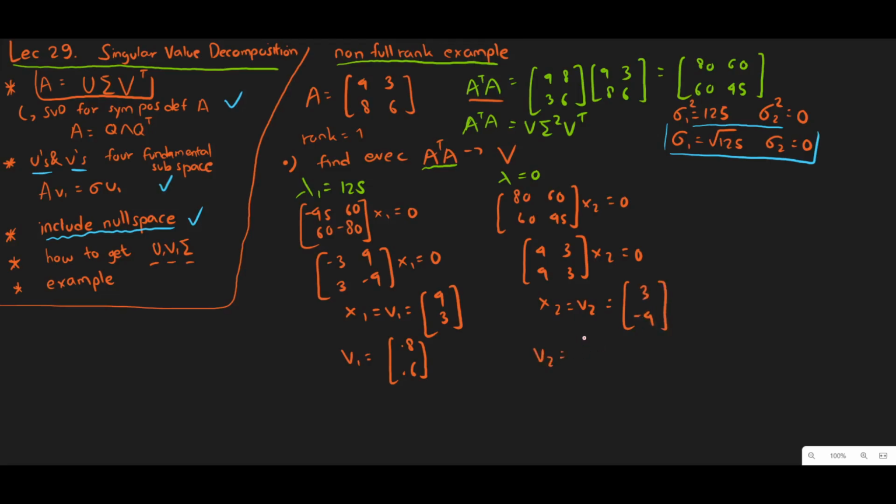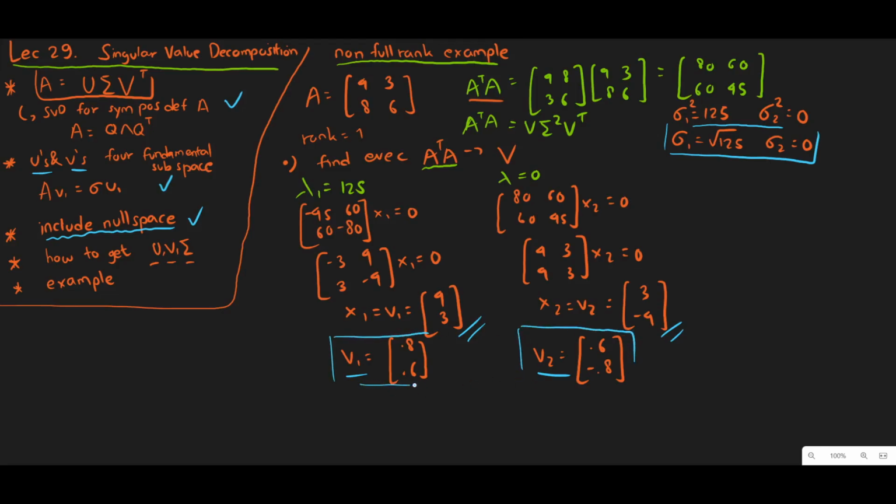And when I normalize them, I get 0.6, minus 0.8. And notice that these two are orthogonal as expected, because this one lives in the null space, and the null space is orthogonal to the row space. Okay, so we have the V, so we can construct our matrix V already.